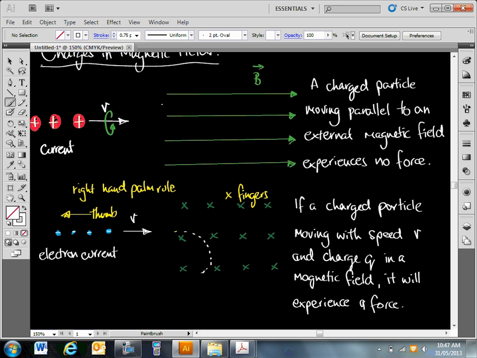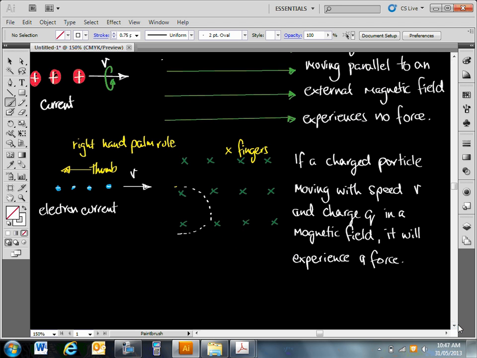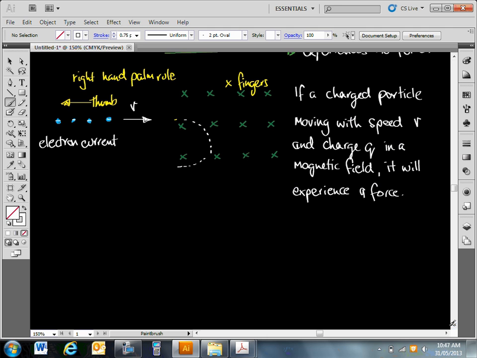Now we're going to see that in fact this is true shortly. That is a path that the electron beam could possibly take. You might notice that I've drawn something that looks reasonably circular. I'll actually draw the force in yellow.